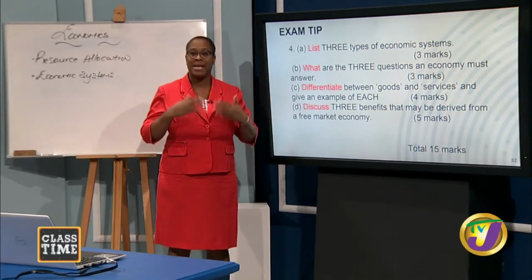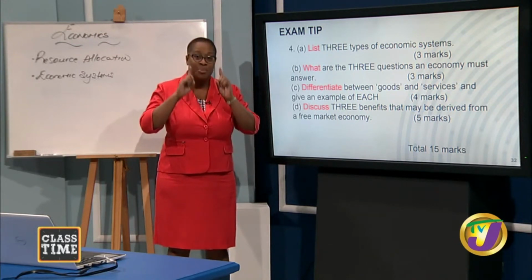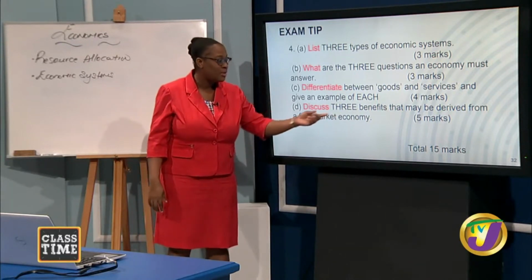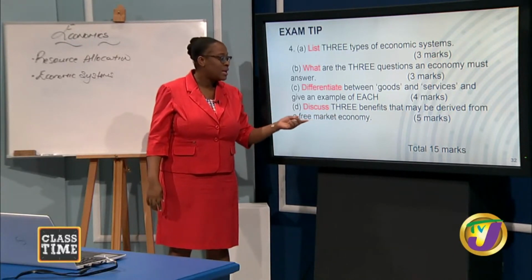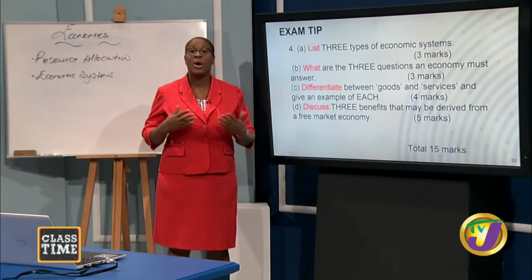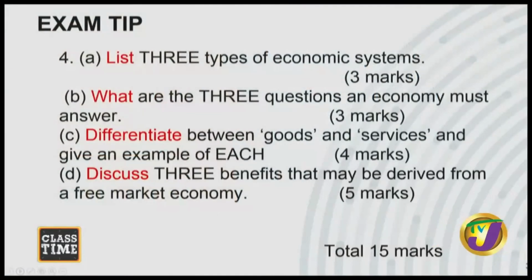You must say something on that point. If you want to say one of the benefits of the free market is that consumers have a wide variety of choices in terms of goods and services, why is that so? And you explain a little more. And you will do that for all your points so that you can maximize your marks in the examination.